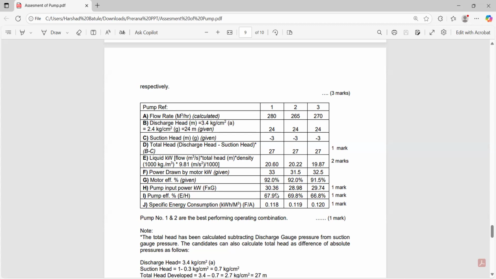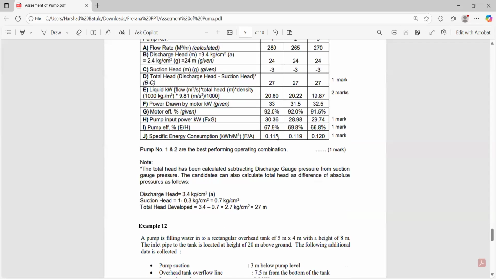So comparing pump number 1, pump number 2, and pump number 3, the performance would be: pump number 1 has better performance than the other two pumps. Pump number 2 has better performance than pump number 3. So the combination of pump number 1 and 2 would give the best operating conditions.